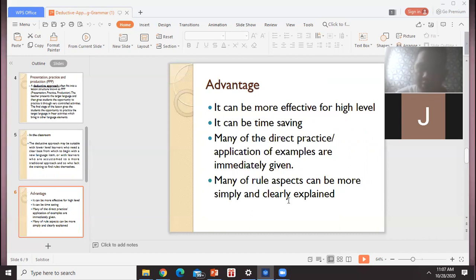It can be time saving because the teacher does his or her best to give the lesson to the students. Direct practice applications of examples are immediately given. Many rule aspects can be explained more simply and clearly because it is teacher-centered. So the teacher's responsibility is very productive.